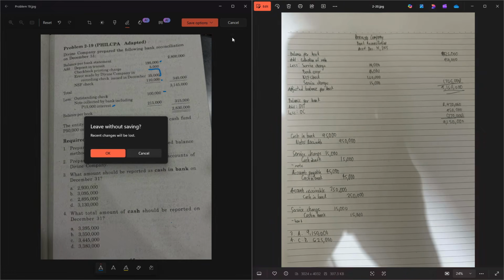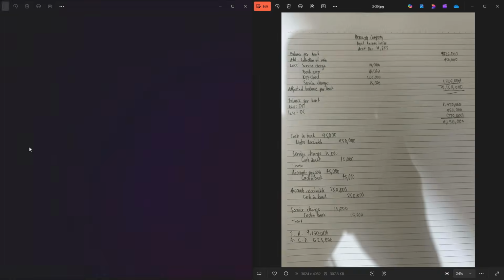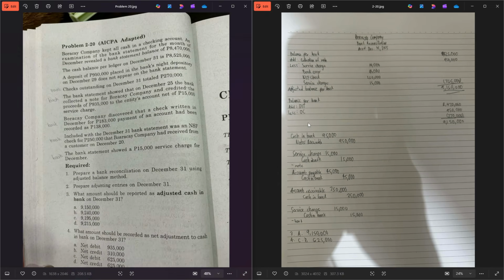Then for the last problem, 2-20, Boracay Company, bank reconciliation as of December 31, 2025. So the balance per bank is 8,525,000.